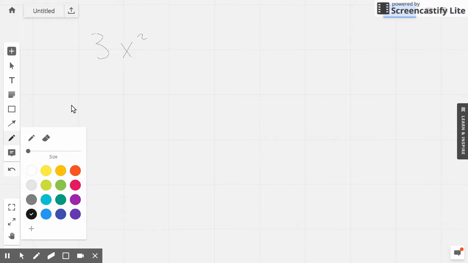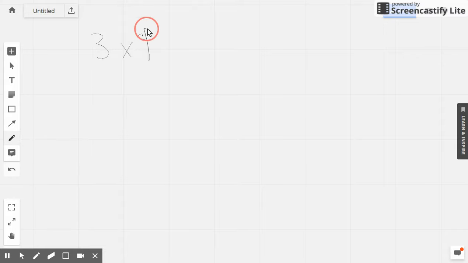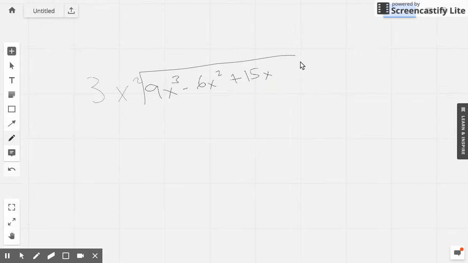So 3x squared into 9x cubed minus 6x squared plus 15x. Let me just pull this down a little bit. Okay. And this is fairly simple.